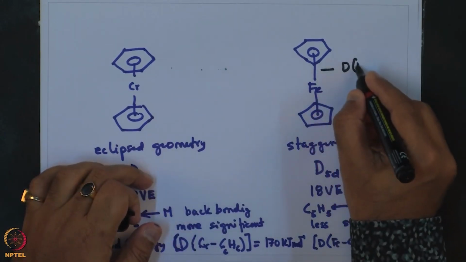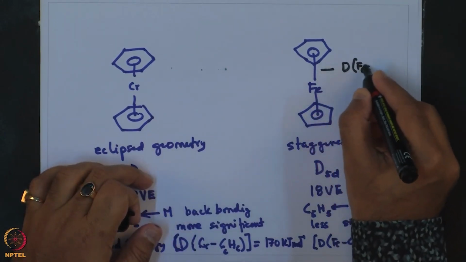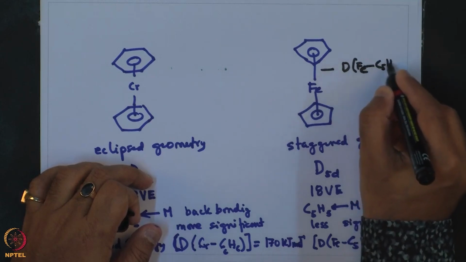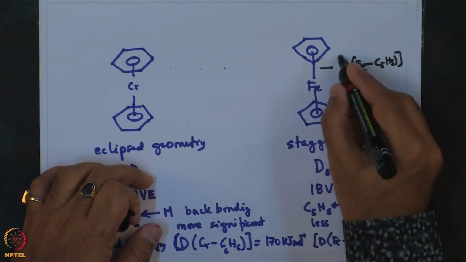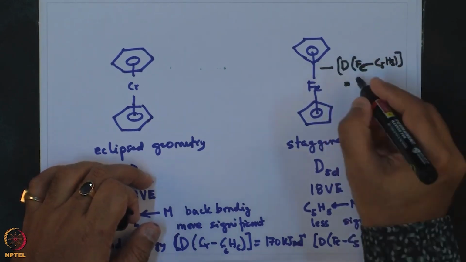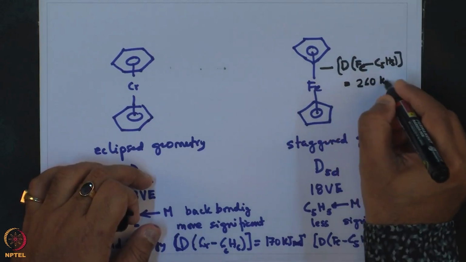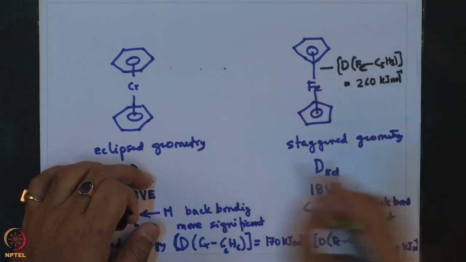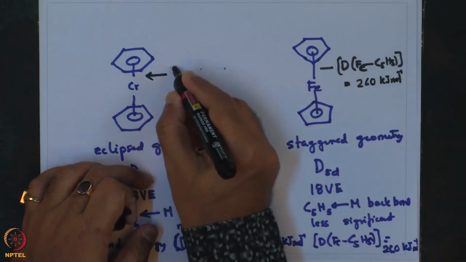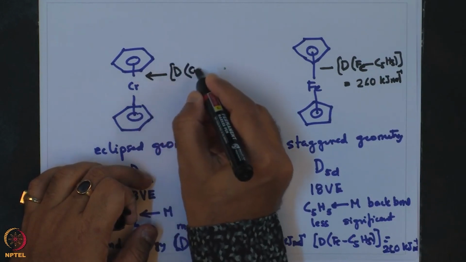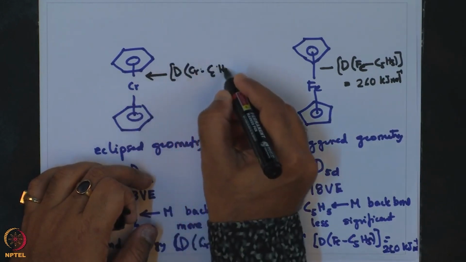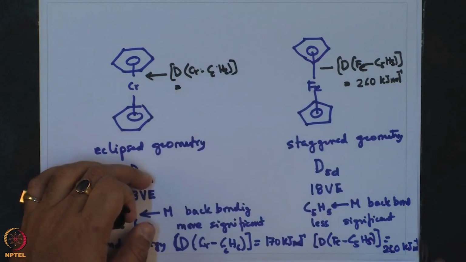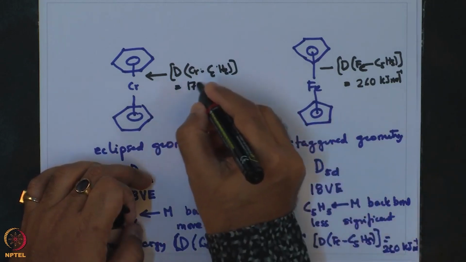D Fe C5H5 is 260, whereas D Cr C6H6 equals 170.